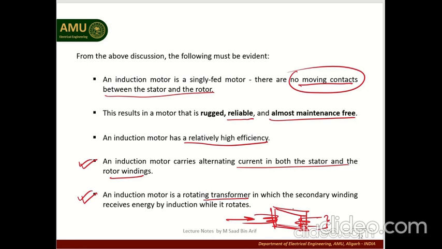But the difference between the transformer and induction motor is that in case of induction motor the same thing will happen, that is, we give a supply to the stator coil and voltage is induced in the rotor coil, but in case of induction motor this rotor coil is free to rotate, whereas in case of transformer both the coils are fixed.